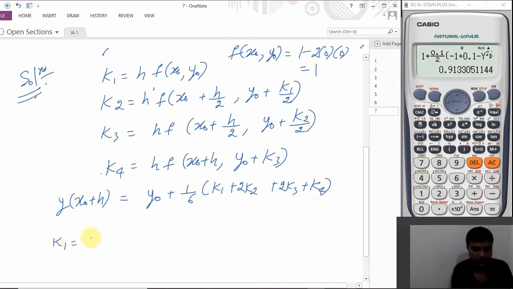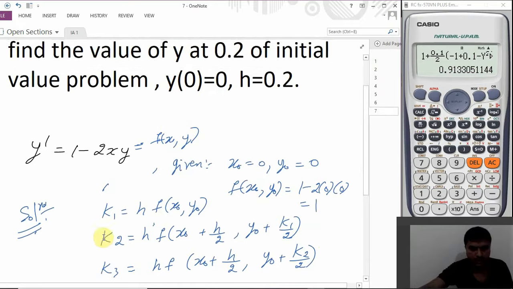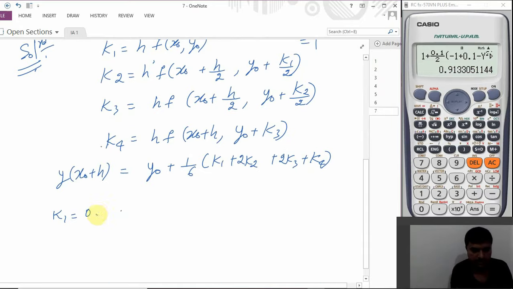In the 7th question, you can see the equation is 1 minus 2xy. So 1 minus 2 bracket x, you can put here with the delete button, alpha x and alpha y. So this is our equation, friends.